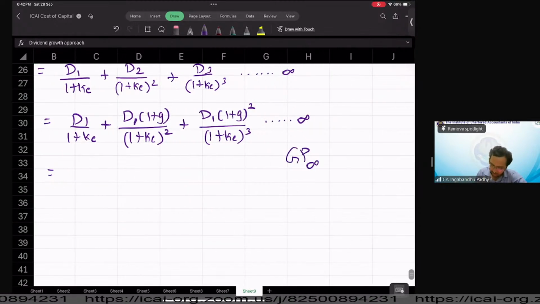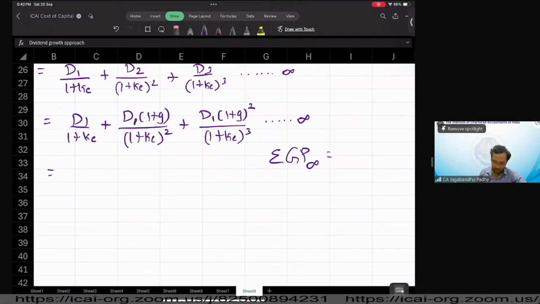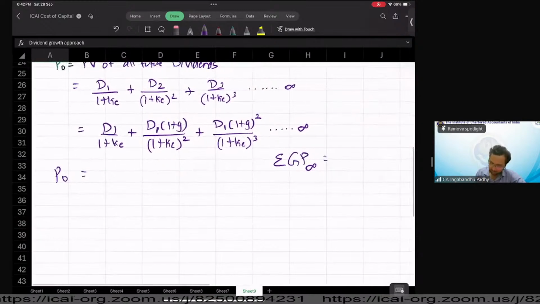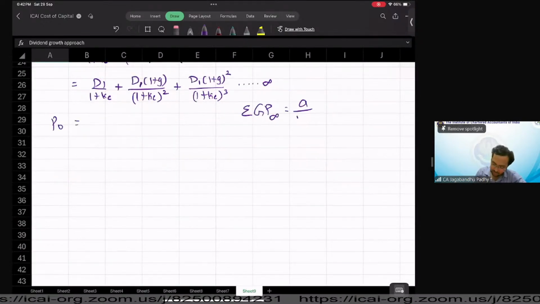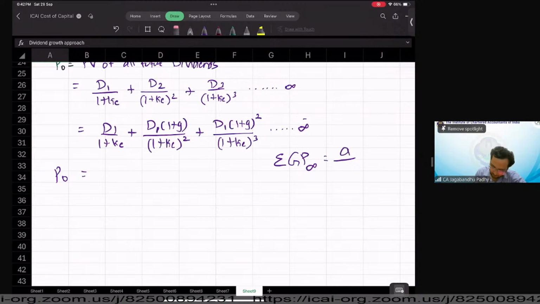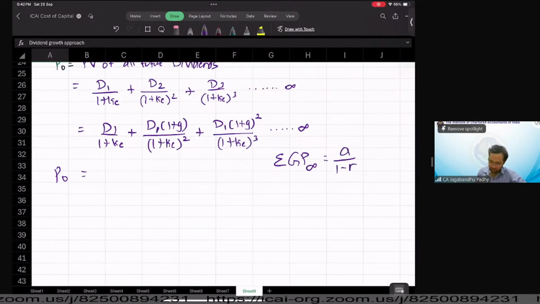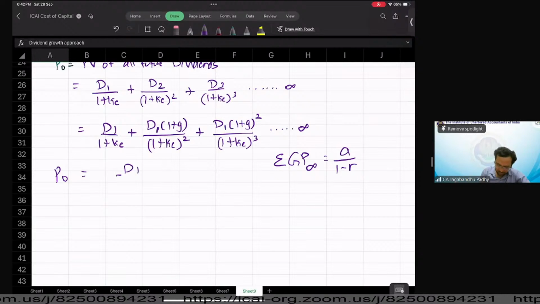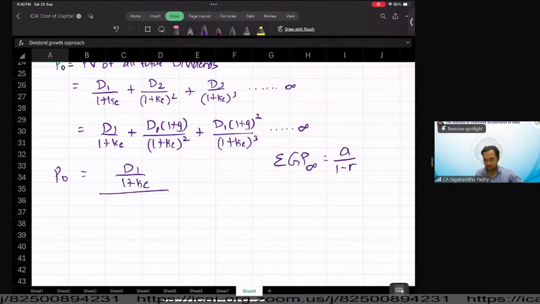Now, if we have the summation of a geometric progression till infinity, what is the formula for that? A upon 1 minus R, where A is the first term. So the first term is D1 upon 1 plus K. What is the multiple over here?